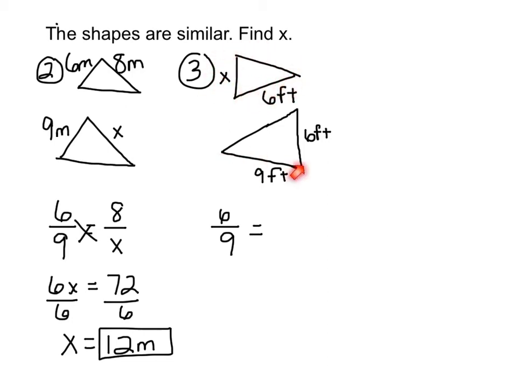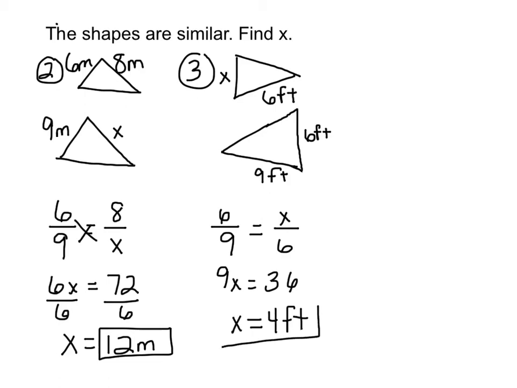So I have to do 6/9. I then have to do x because we're starting with the small triangle again, x/6. Cross multiply, that gives us 9x equals 36. Divide by 9, the value of x is going to be 4, so our missing side is 4 feet.